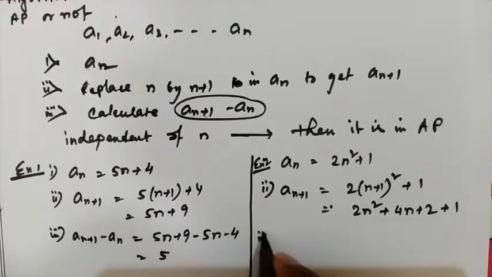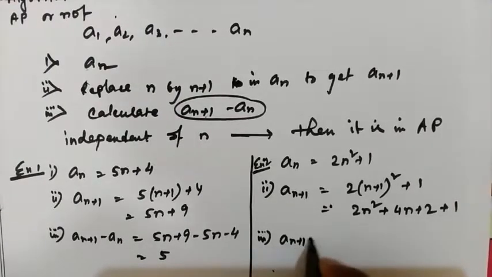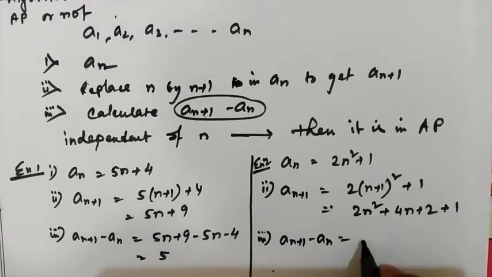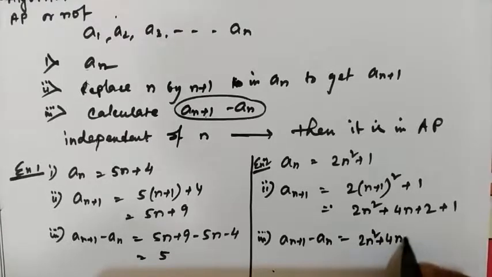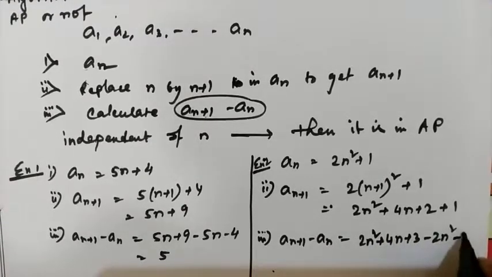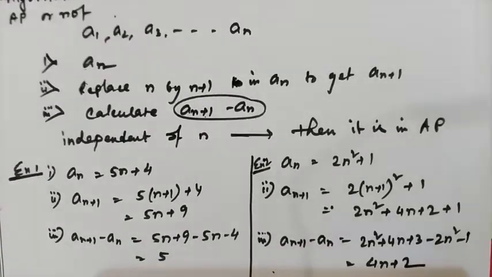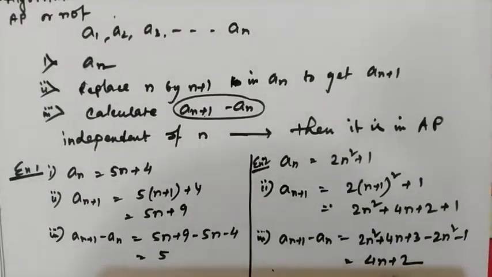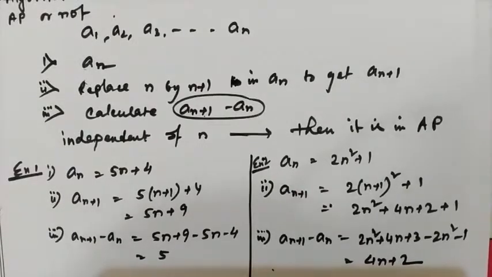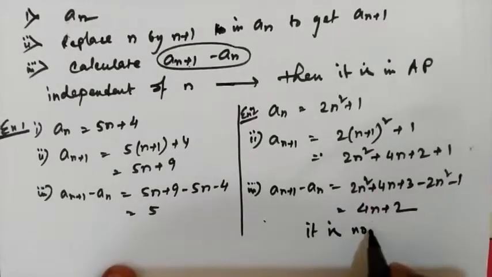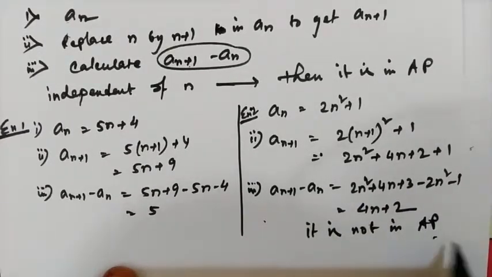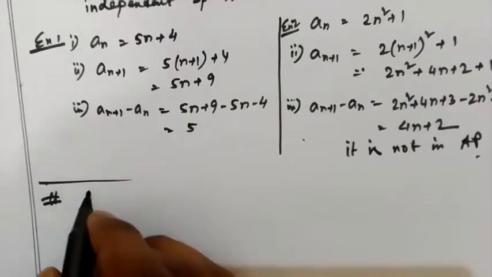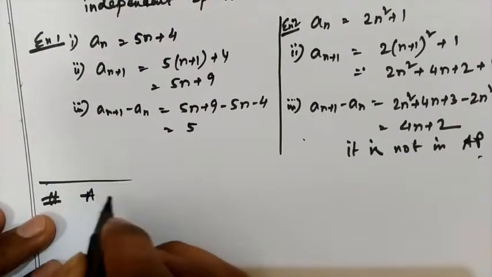Now the third step: a n plus 1 minus a n, that is 2n square plus 4n plus 3 minus 2n square minus 1. So we are getting 4n plus 2. This is not independent of n, that means it is not in AP.